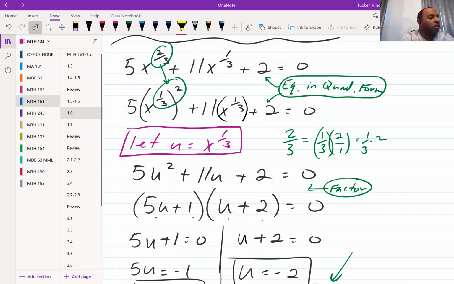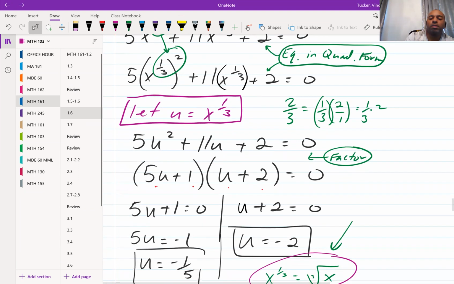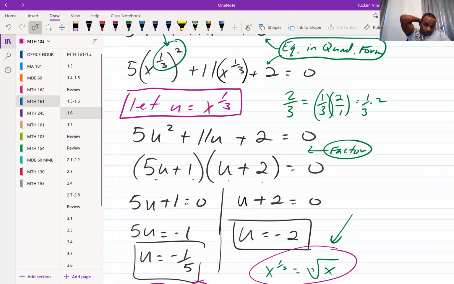Once again, I decided to factor, but if you want, you can use the quadratic formula. So it factors out to 5U plus 1 times U plus 2. Set each part equal to 0 and solve.